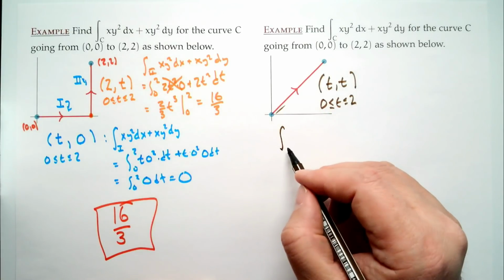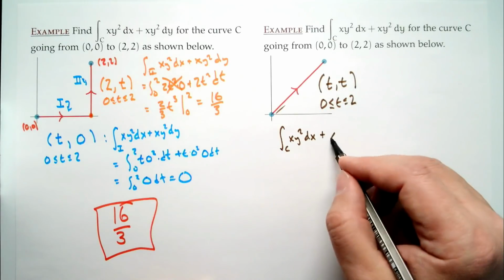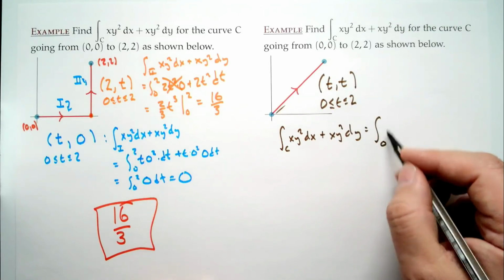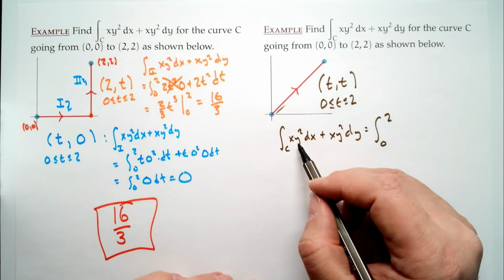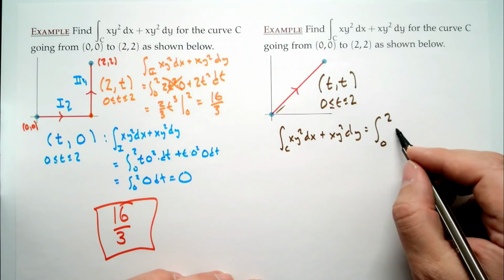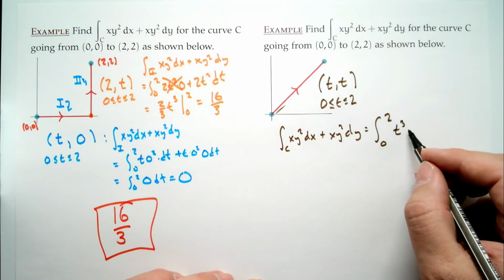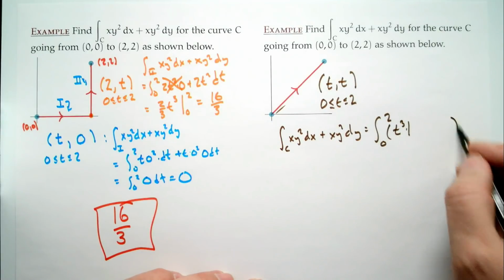All right, so let's see what we get. We're going to get the integral along our curve of xy squared dx plus xy squared dy is going to be the integral from 0 to 2, because those are my bounds for time. X times y squared will become t cubed dx dt. I'll put 1 here. 1 times dt. I'm going to just factor out the dt at the end.